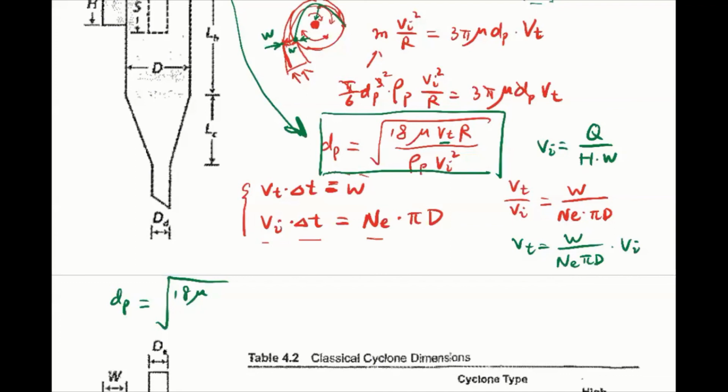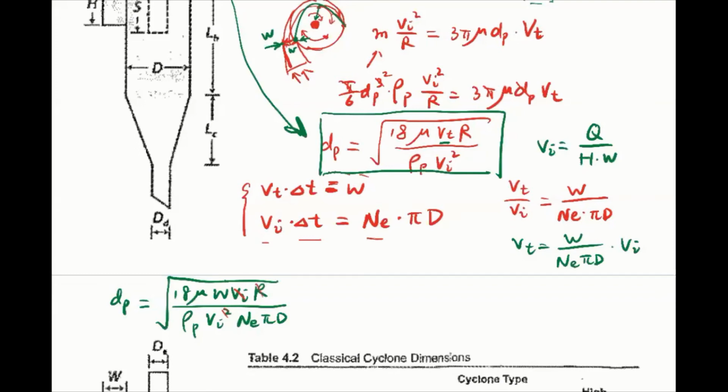So that's going to be equal to, let's see here, W Vi R divided by rho p Vi squared Ne pi d. Okay, we can cancel a few terms. Vi and Vi can get canceled, right?